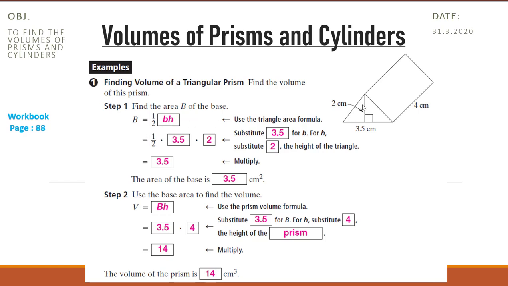So this height is 2, this height for the triangle. And in the second part, to find the volume, multiply the base area by the height of prism. So this height is the height of prism. Use it when you find the volume. Okay, is it clear now, the difference?